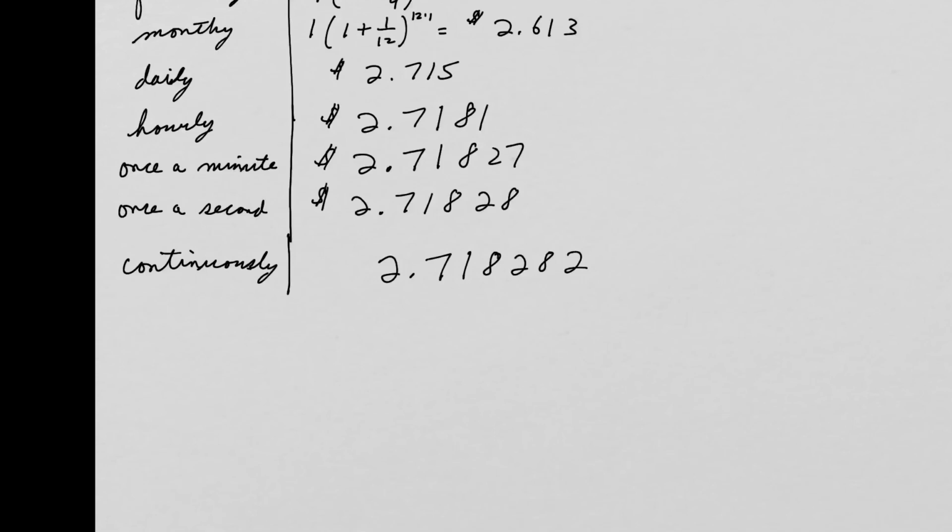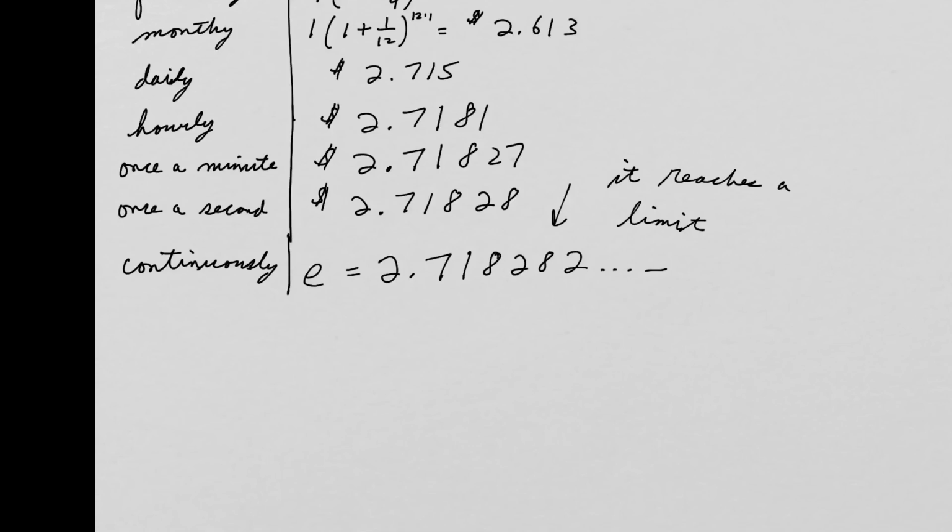It never repeats. It's an irrational number. And this is e. Well, in this case, it's approximately e if I stop. But if I wrote the whole thing out, to infinity, that would be exactly equal to e. So it reaches a limit, and that limit is that number e.